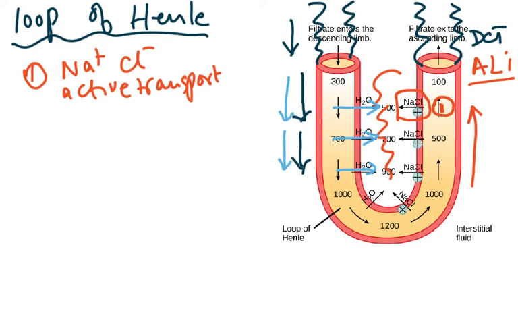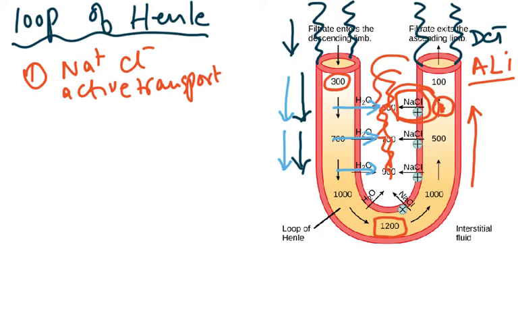Number 1, I said, sodium and chloride ions moving out, so this area becomes concentrated. So water moves out of the descending limb. Now you look at here, 300, and now it's very highly concentrated. You can see it's 1200 here.